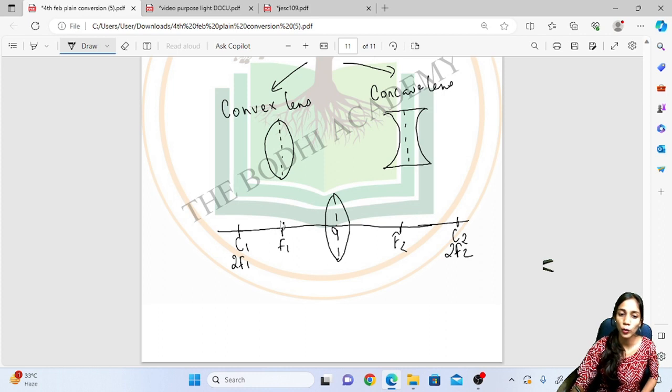Why is it called 2F1? Because we know that the center of curvature is twice the focal length. So this was a short introduction of the concave and the convex lens and how it is different from the mirror. We will be studying in detail about the lenses, the refraction and image formation in the next videos.